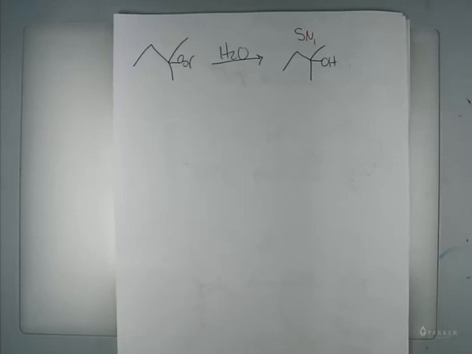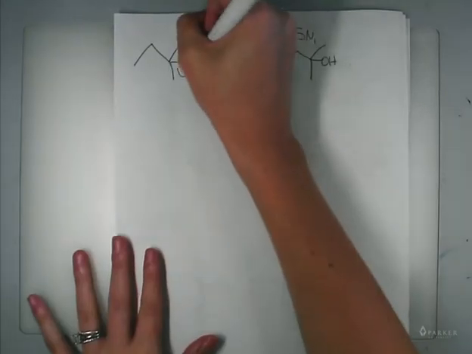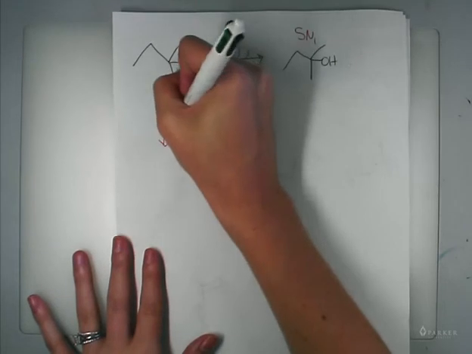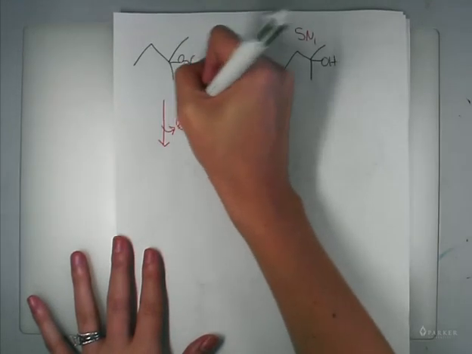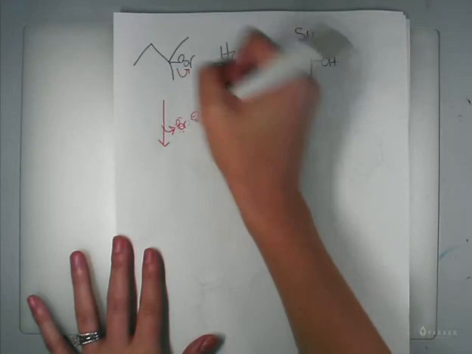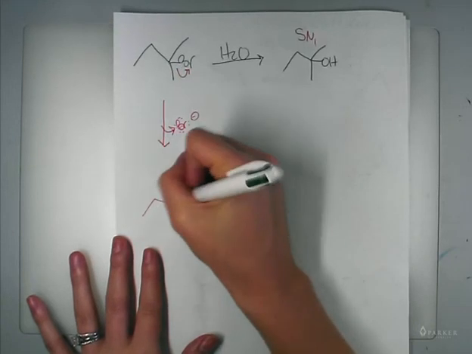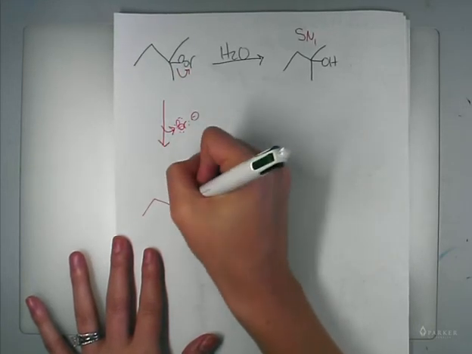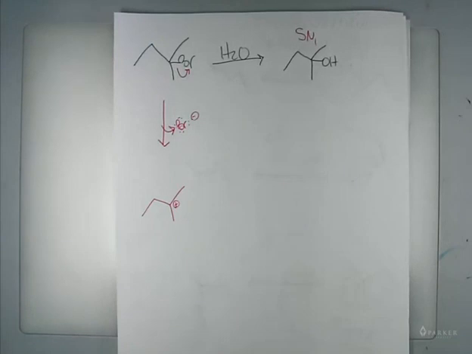Okay, what's always the first step for your 1's? Leaving group leaves. And what charge is on my carbon? Positive. Okay, I'll give you a second to write that down.